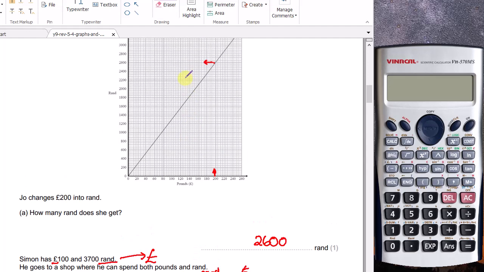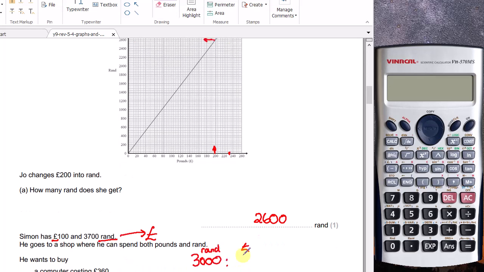So 3,000 rand, if I read across and down, is 2 squares before this one. 10 squares is 40, so 2 squares is 8. So that looks like that's going to be 232 pounds, sorry, because this is 240, 2 squares back, 4 per square.